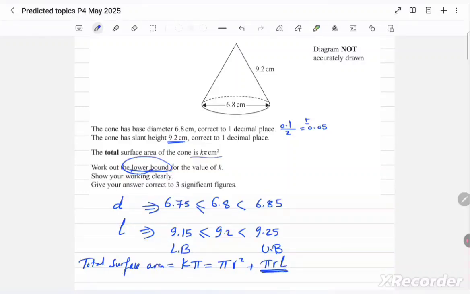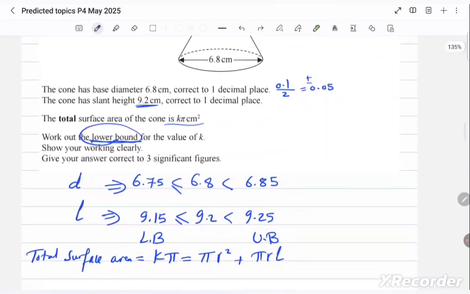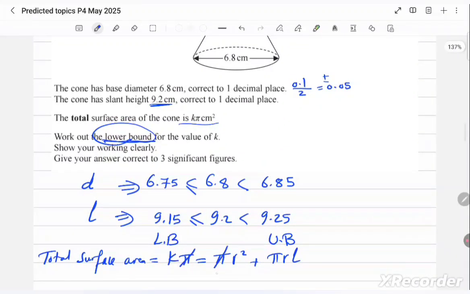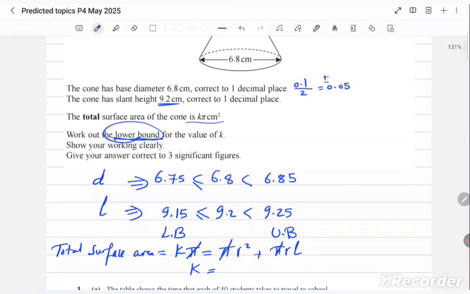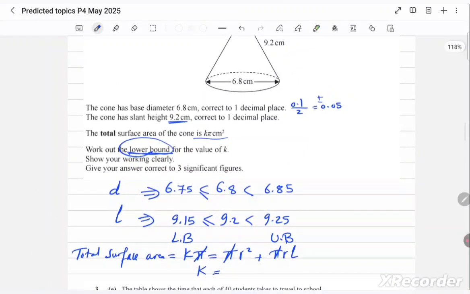This will be given in the exam. So now to simplify this, we can cancel the pi. So k itself equals r squared plus r times l.